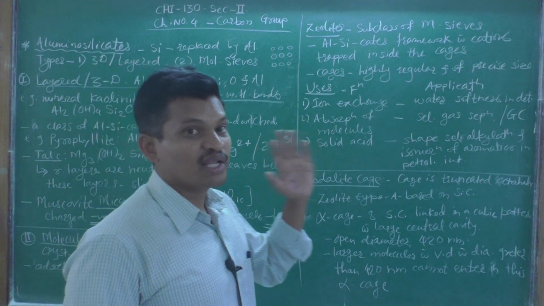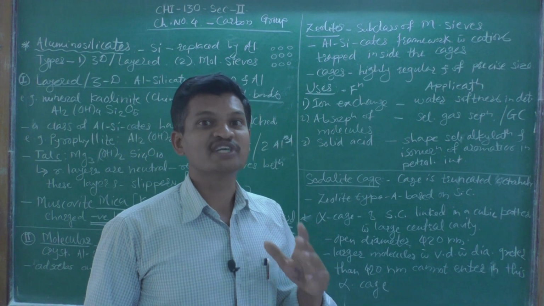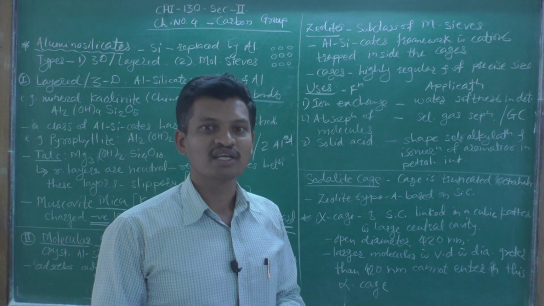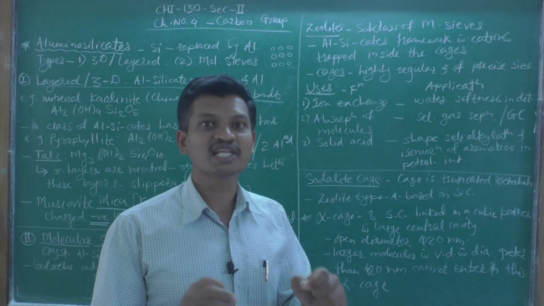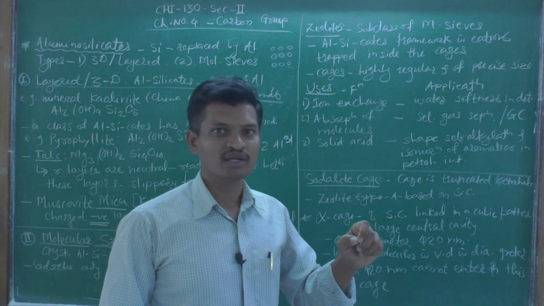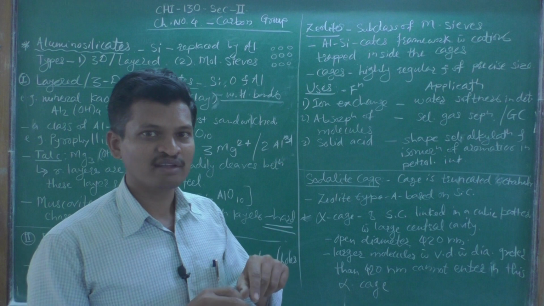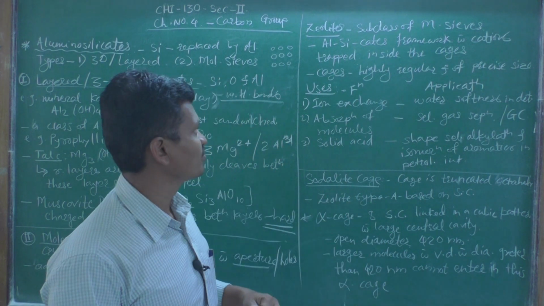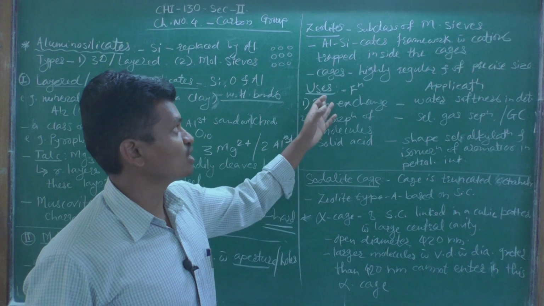These cages are highly regular and of precise size. Highly regular means the arrangement of these cages is just like a crystalline solid material, and the size of the cages is also very precise. Let us see some uses of the zeolites.